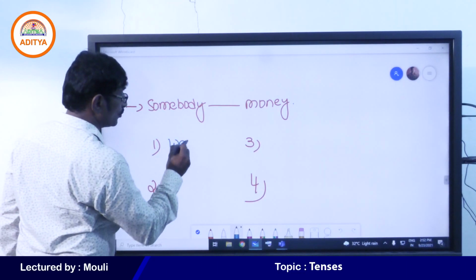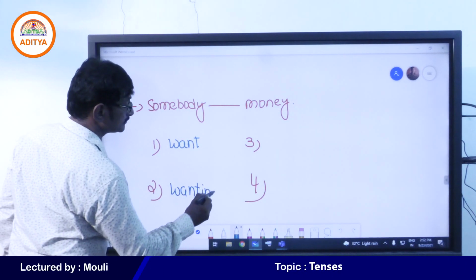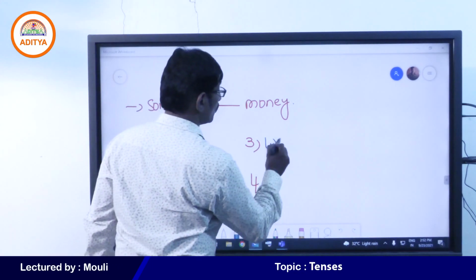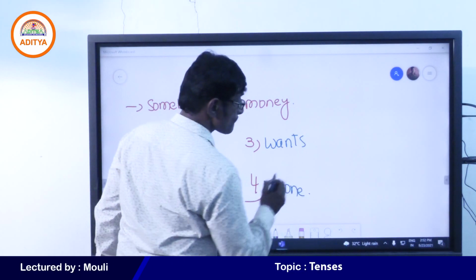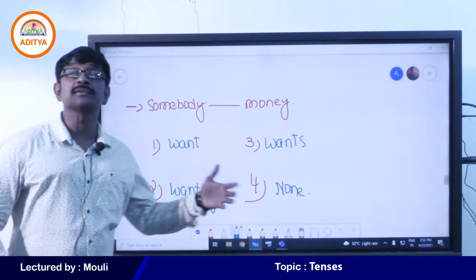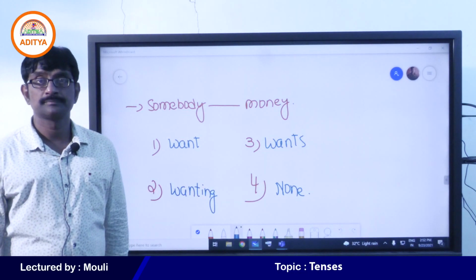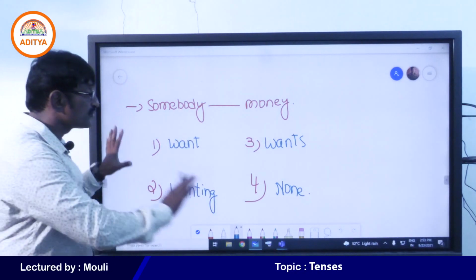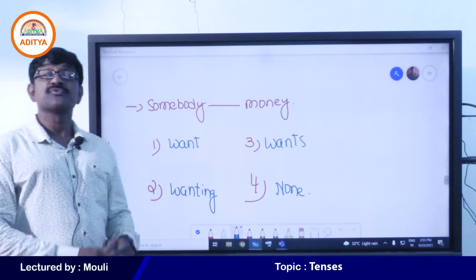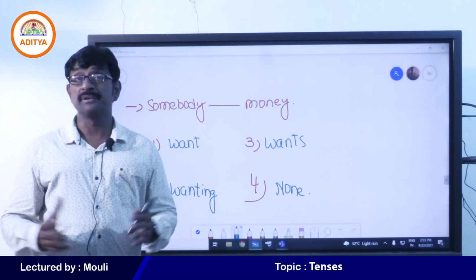Now the first one, want. The second one, wanting. The third one, wants. The fourth one is none. Tell me, what is your answer among these four? Somebody dash money. Find out the right answer. You hold the responsibility. I will wait for that.